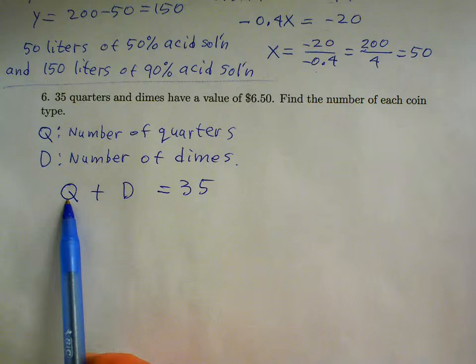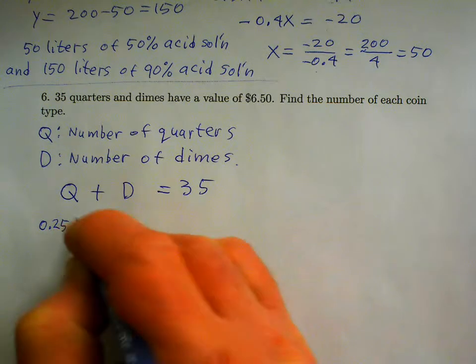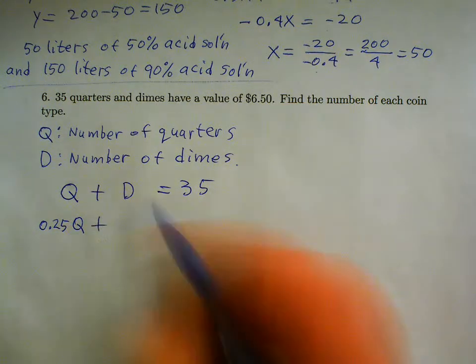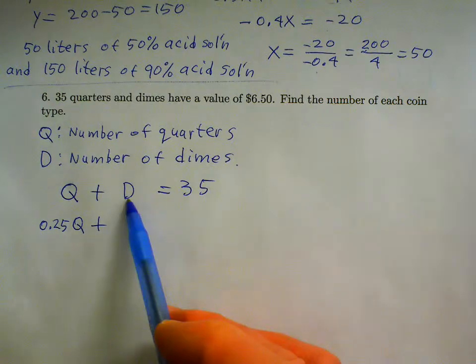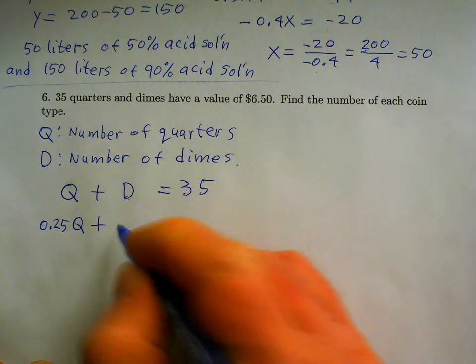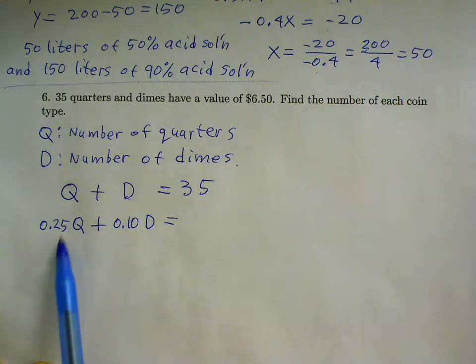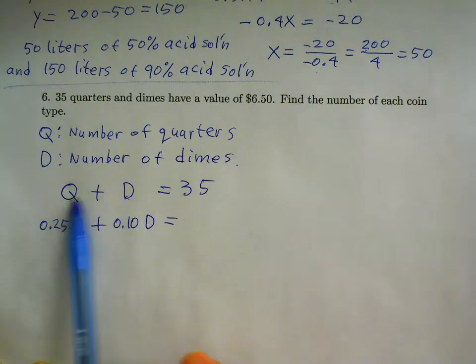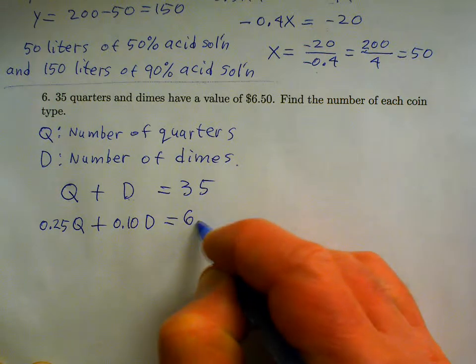So the monetary value is 0.25 times Q. And then if I have D dimes and each dime is worth $0.10, then the monetary value of the dimes is 0.10 times D. And altogether, the 35 quarters and dimes have a value of $6.50.